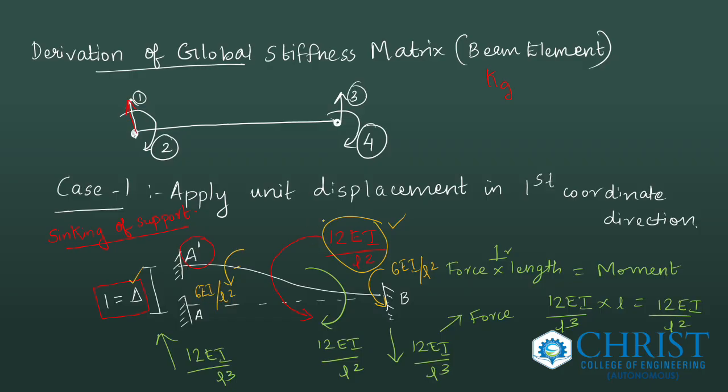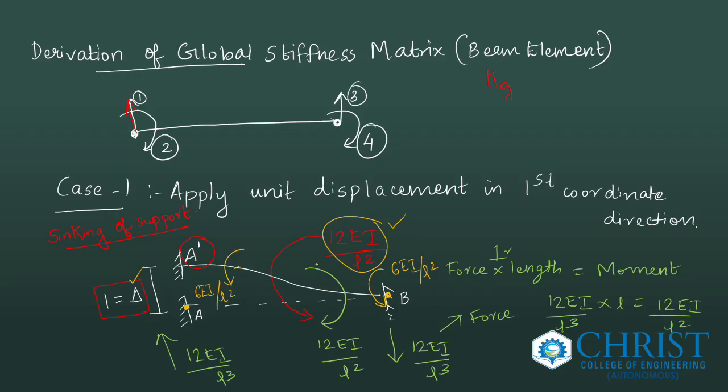So the structure also needs to overcome this moment, and that is done by the support reactions at A and B. RA and RB will cancel out the 12 EI by L square moment so that equilibrium is maintained. So how will it cancel out?